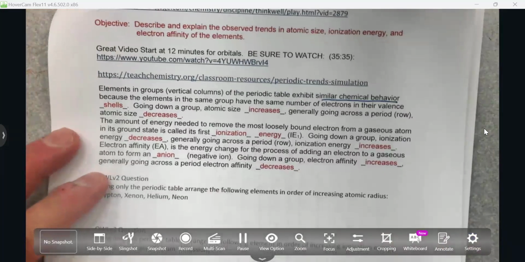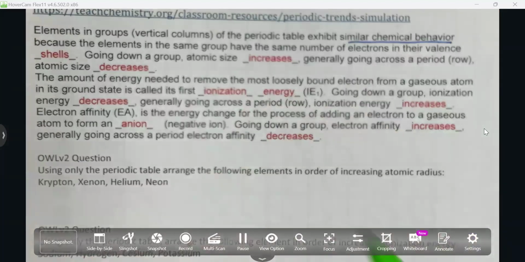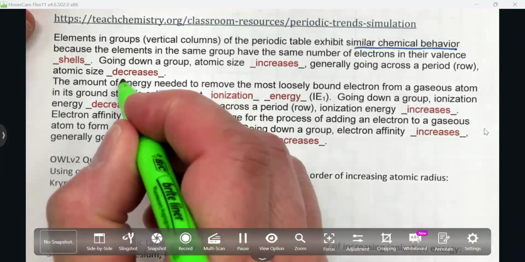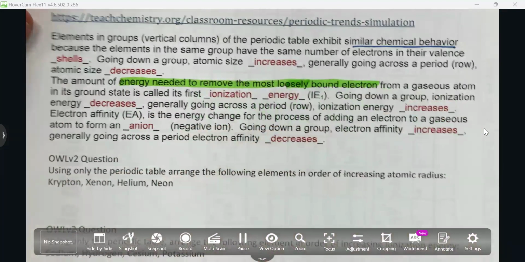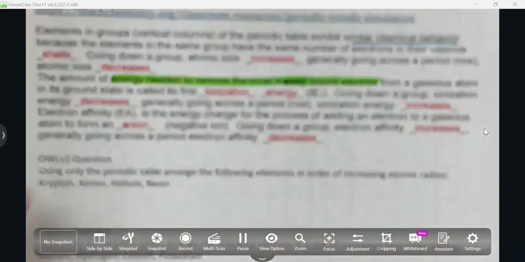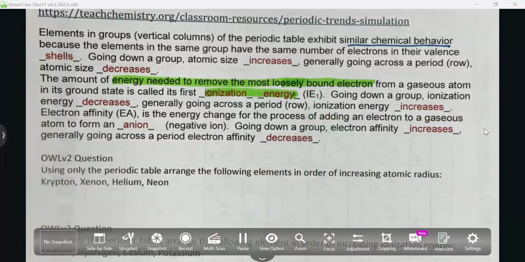Now, this concept. The energy needed to remove the most loosely bound electron. What is that called? That's called ionization energy. Now, let me ask you a question.